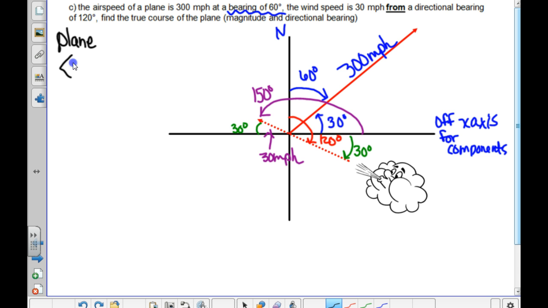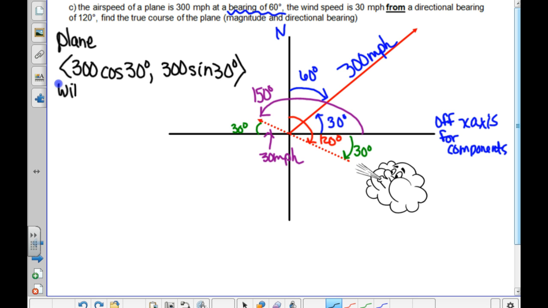What's the length of the plane's vector? 300. And the cosine of the angle off the x-axis, which was 30 degrees. And 300 sine of 30 degrees. This is how it will look on the quiz. I will give you blanks to write that because then I can follow your work and know what you did wrong so I can give you partial credit.